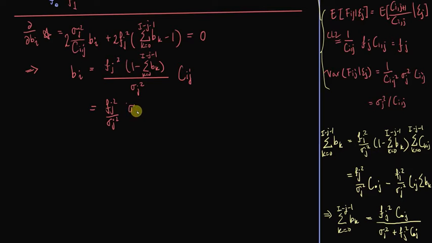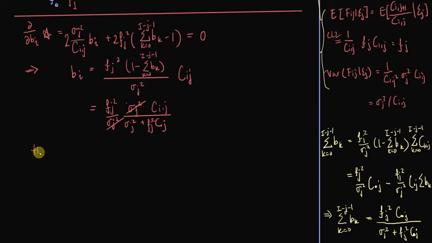So what we are left with is sigma j squared divided by sigma j squared plus fj squared c dot j. These two cancel, and then we have c I j.